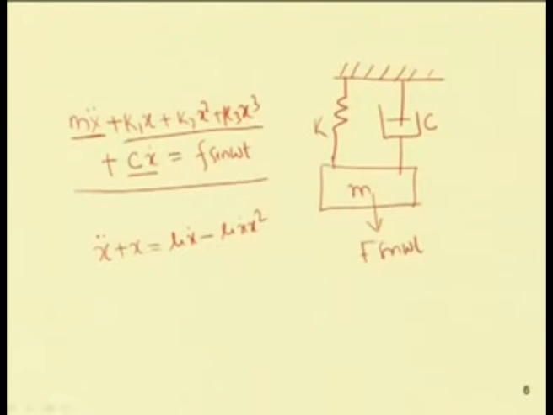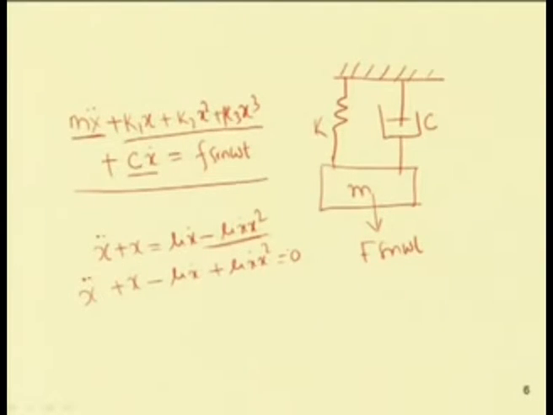So, we have a nonlinear damping term here. I can take this term to the left hand side and write x double dot plus x minus mu x dot plus mu x dot x square equal to 0.